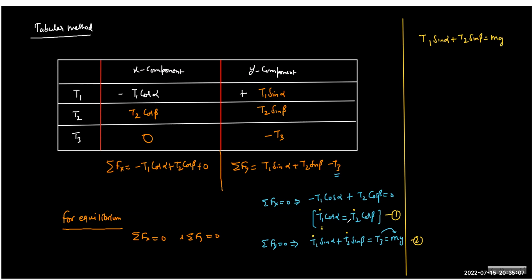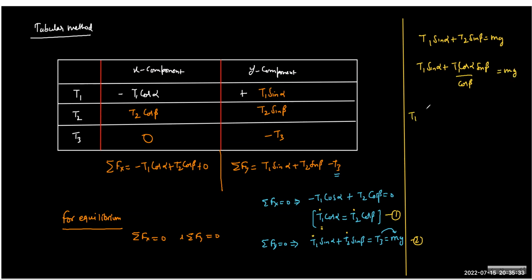I can replace T1 in terms of T2 or vice versa. Let's say I'm trying to find T1 first. I must replace T2. How do I connect T2? T1 cos alpha upon cos beta, right? Into sin beta equals mg.